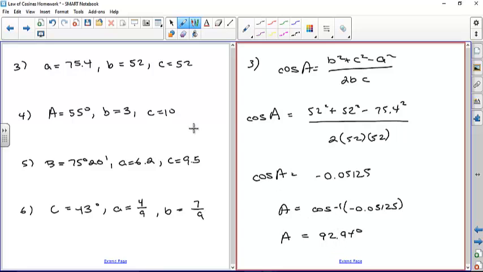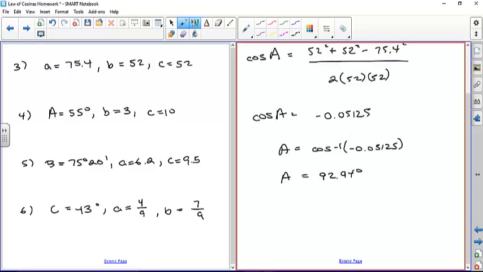Now, because this is an isosceles triangle, we know that these two angles have to be the same. So we're going to do it that way, but we'll work it out. So if you had 180 minus 92.94, that gives you some number, 87.06.